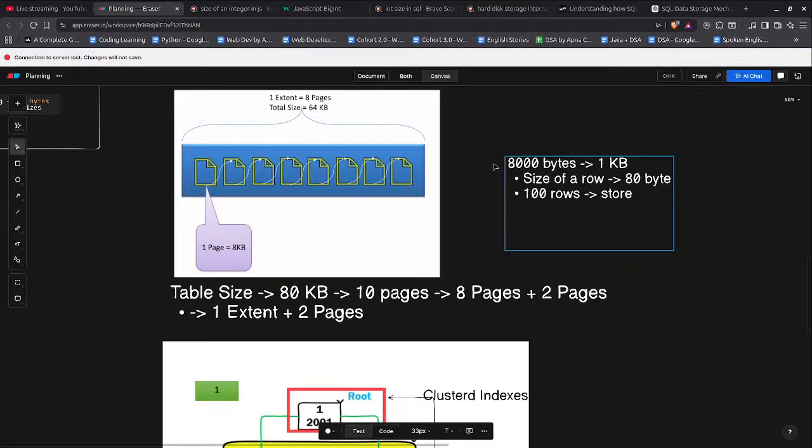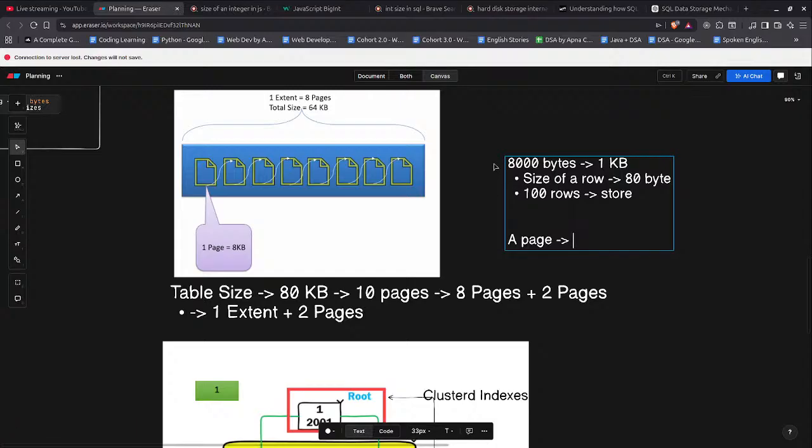So ultimately, a page will have a range, and that range can be anything. It can be 1 to 100, 1 to 1000, 1 to 10,000, depending on the size of the data. And how will we know the size of the data? In SQL, the data size is already fixed. So we already know that one row is going to be 80 bytes.